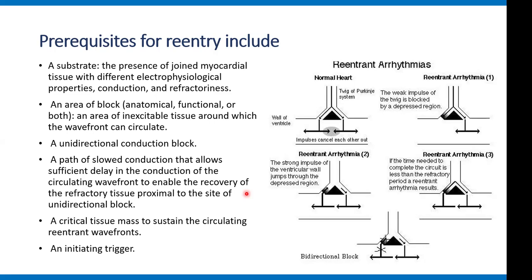So ivabradine, we all understand, affects the IF channel, so sort of inhibits the IF channel. Okay, so the IF channel doesn't depolarize as it's supposed to, so that can slow the heart rate down.